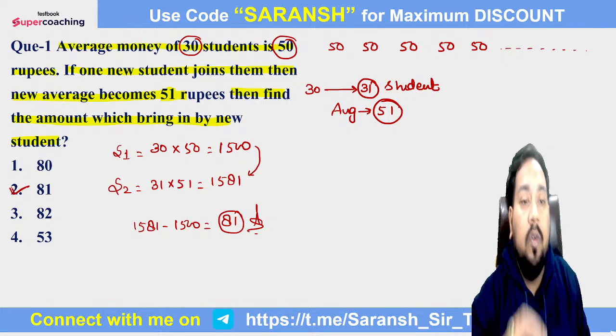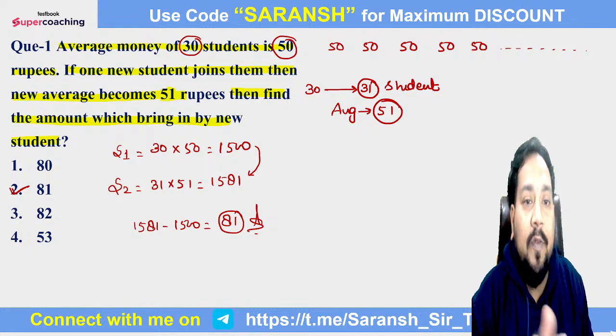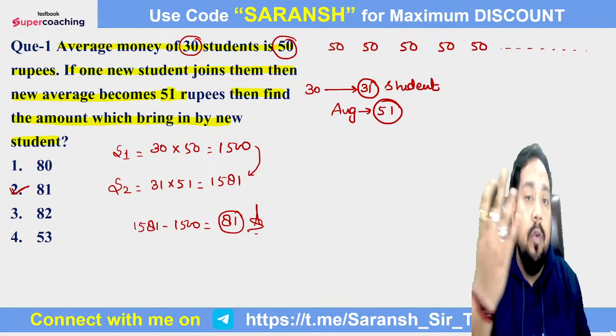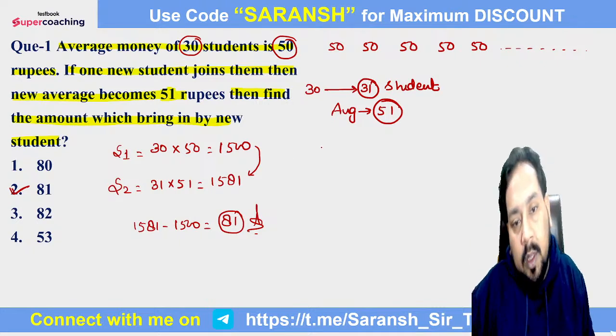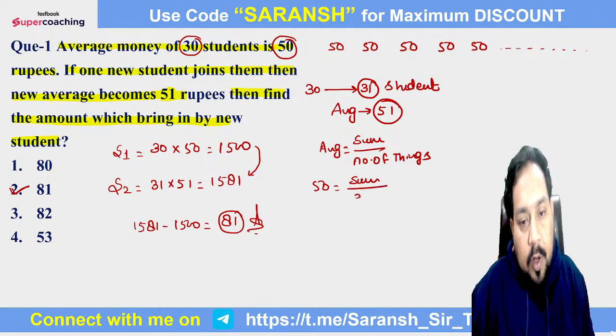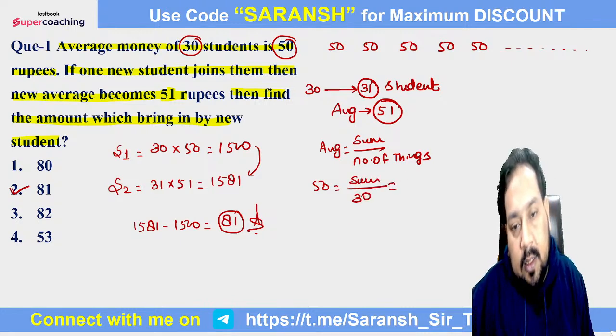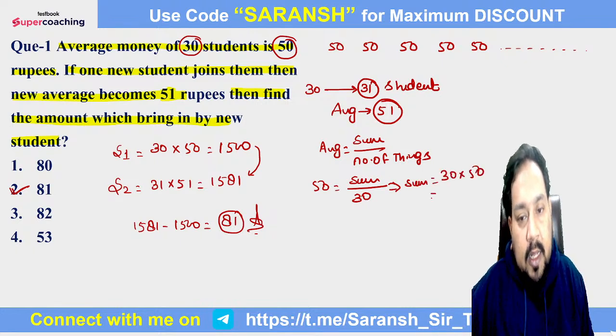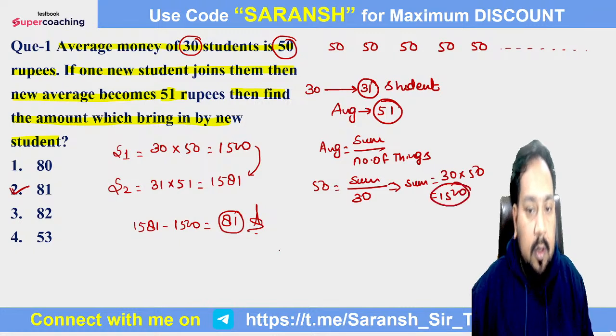Guys, I solved through basic, but half of the calculation I did in my brain. And if you do that, how will you do it? The average equals sum upon number of things. Average is 50, we want sum, and number of things is 30. Then sum will be 30 into 50, that is 1500.